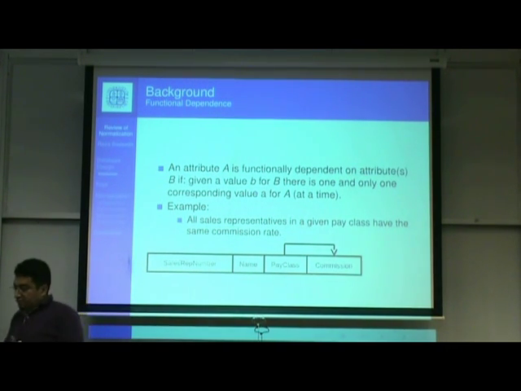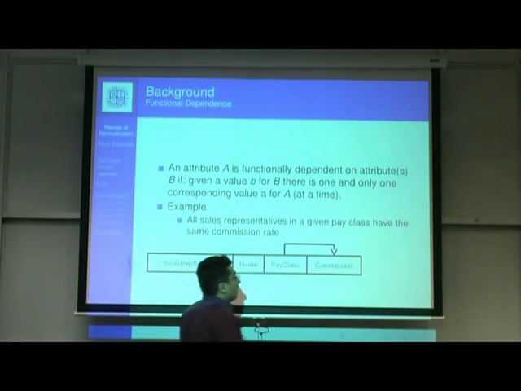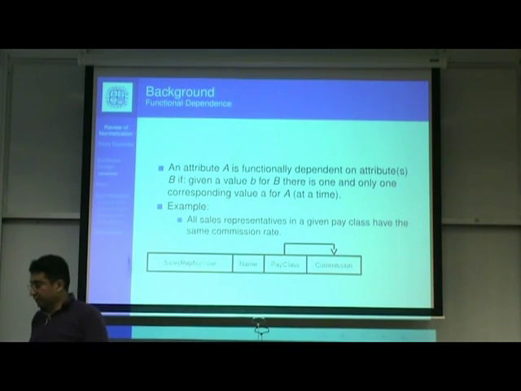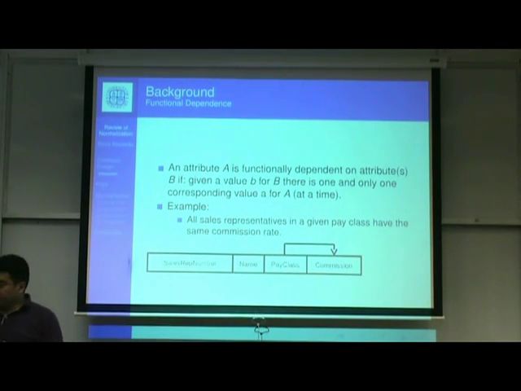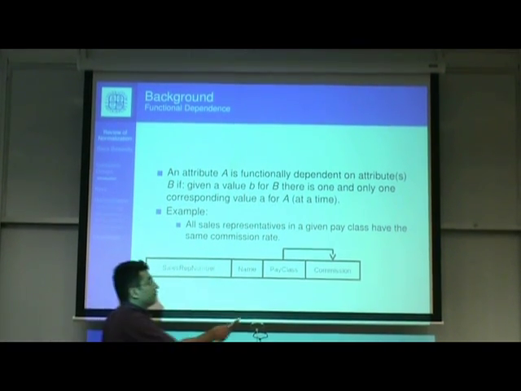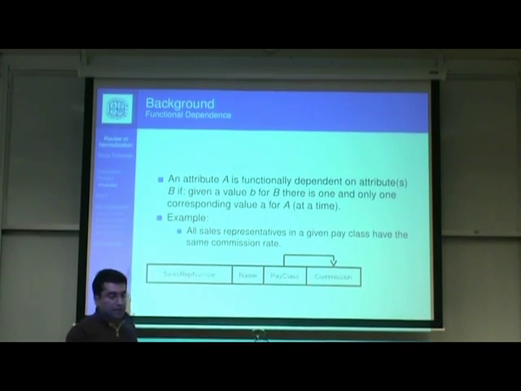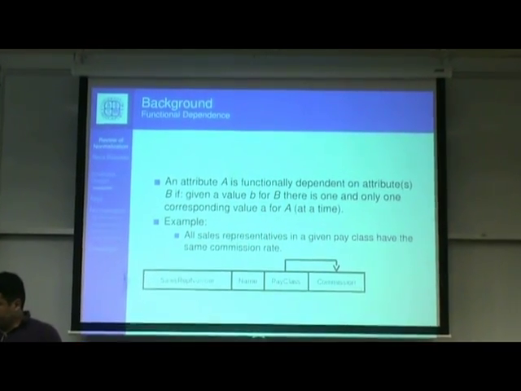So obviously this table has some dependency between its fields and attributes. This is called functionally dependent. This attribute is functionally dependent on this attribute, and this is called functional dependence.